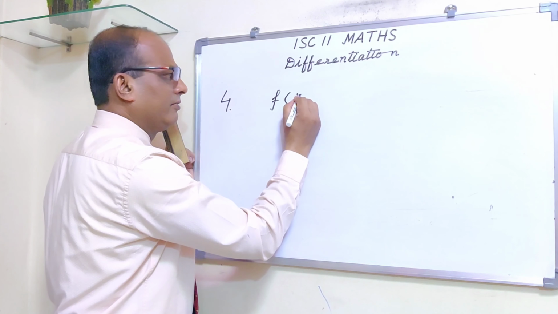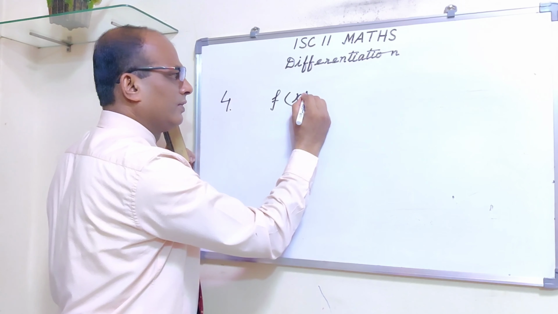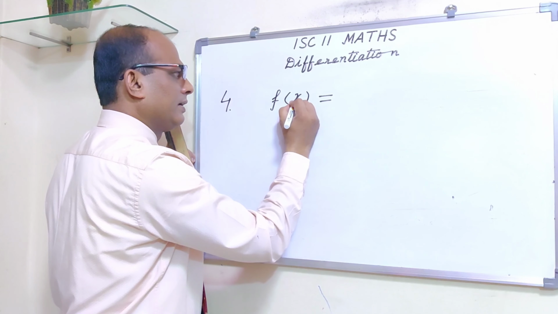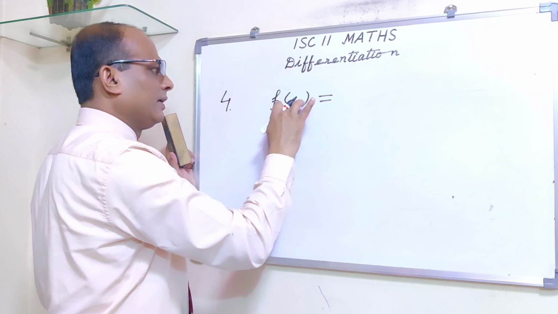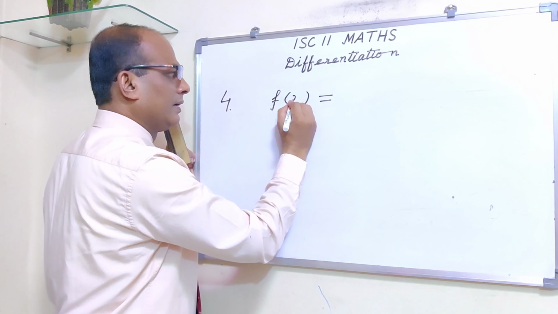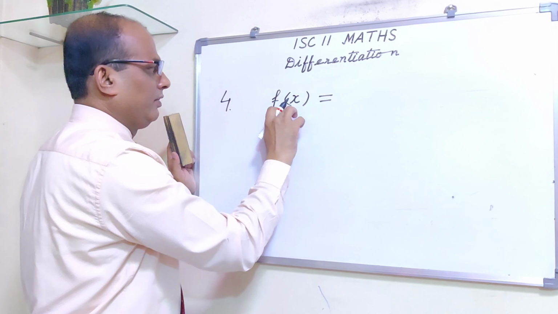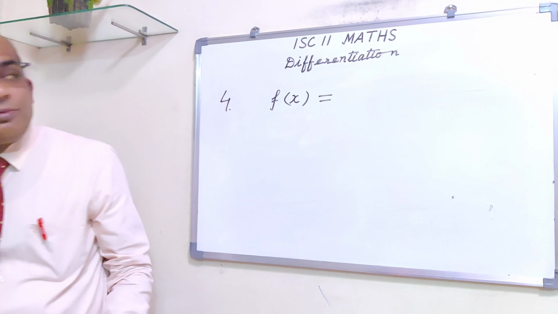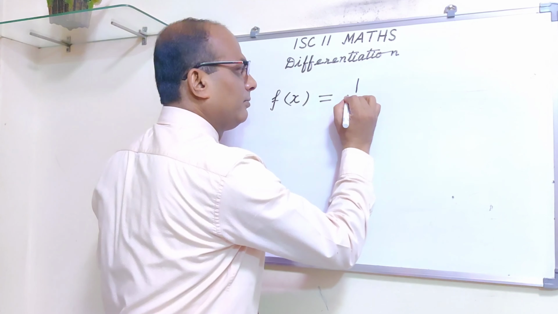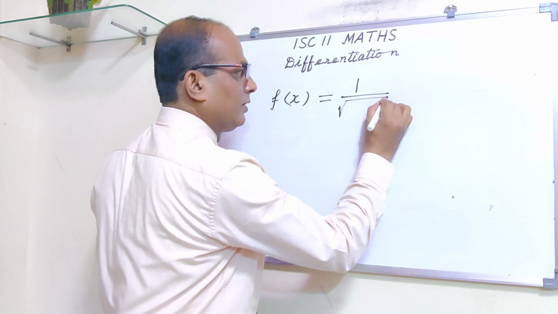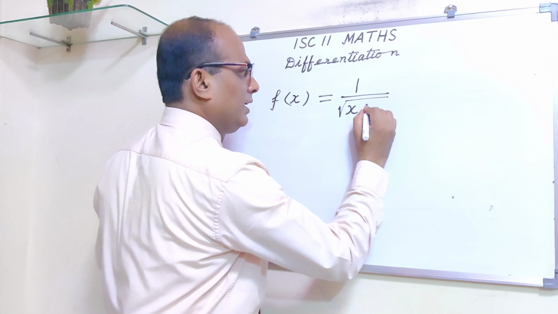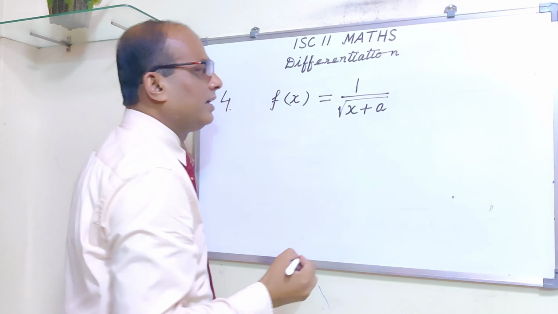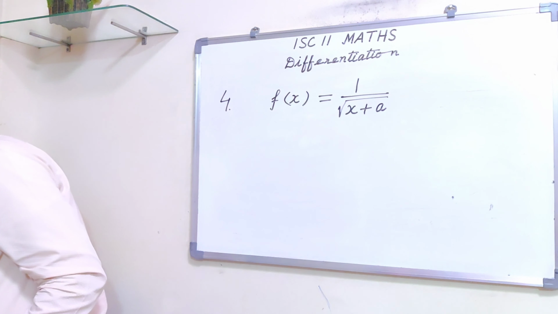I am writing directly f(x) is equal to, it's given, f(x) is equal to 1 upon root x plus a. This is our question.